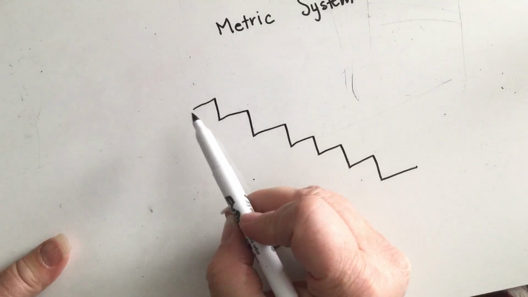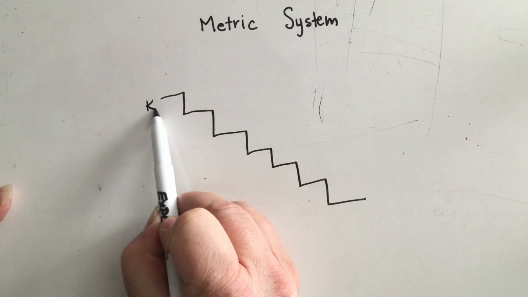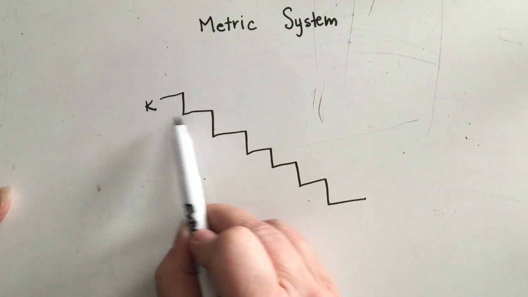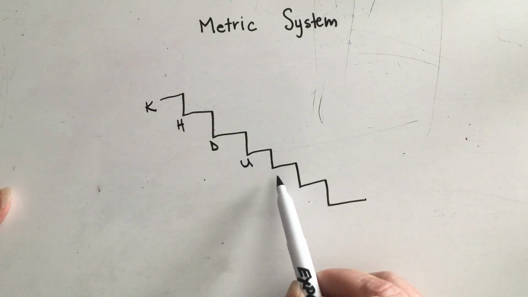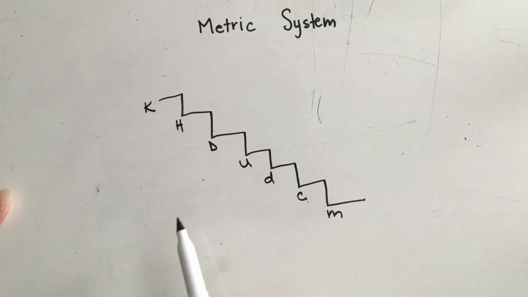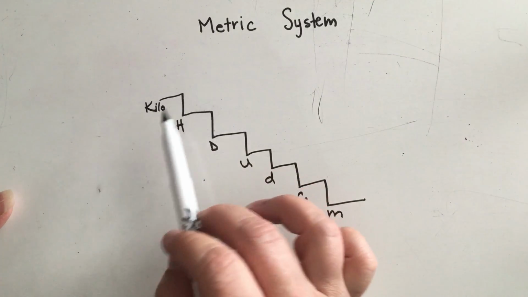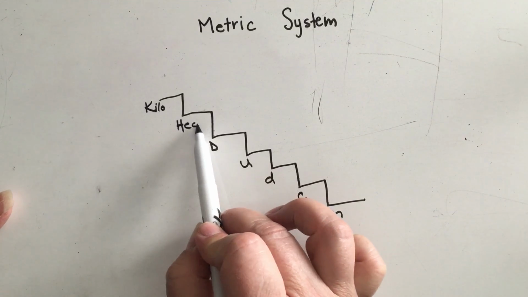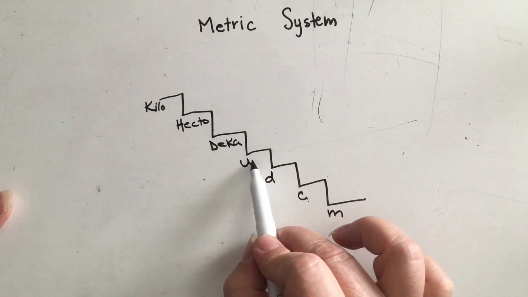Okay, so then I know that I have my K here for King Henry doesn't usually drink chocolate milk. So then I know I have my kilo, hecta, deca. This is my unit.